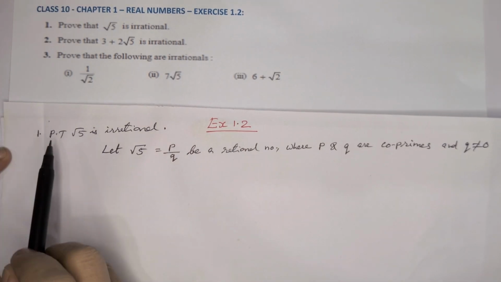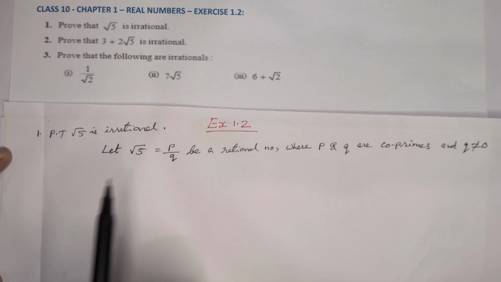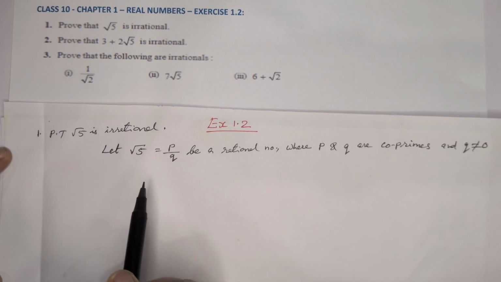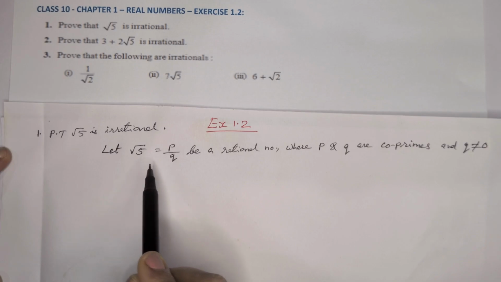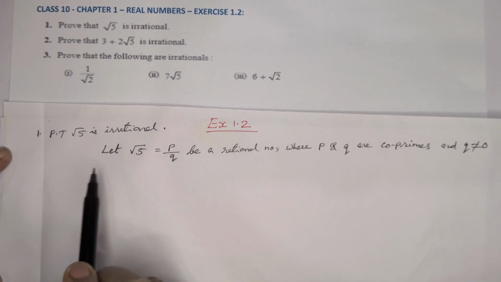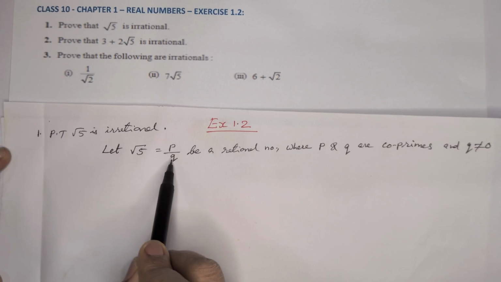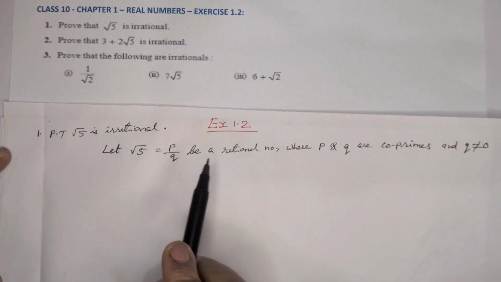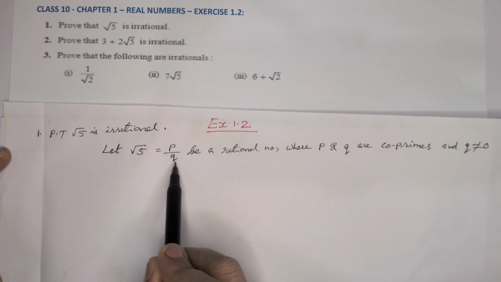Exercise 1.2. First question. Prove that root 5 is irrational. For that, first we have to assume. We have to prove this is irrational, so we just assume that it is a rational number. So let root 5 is equal to P by Q be a rational number, where P and Q are co-primes, no common factor, and Q not equal to 0.